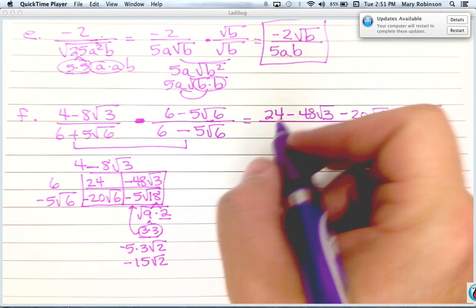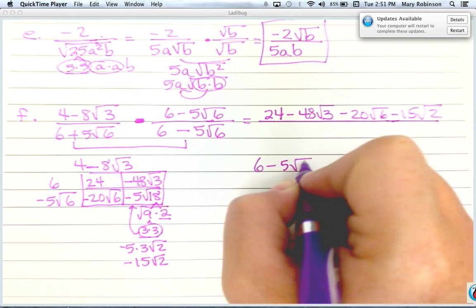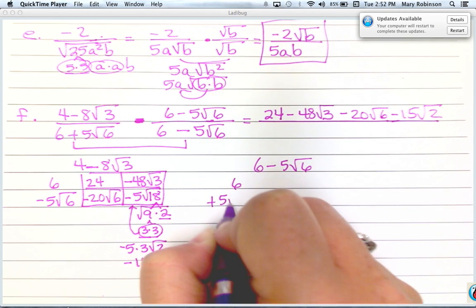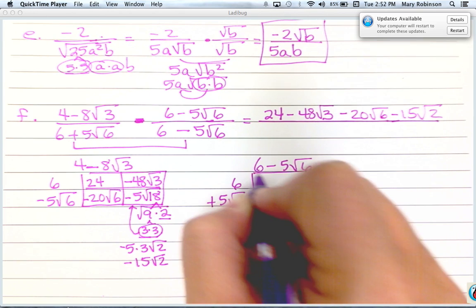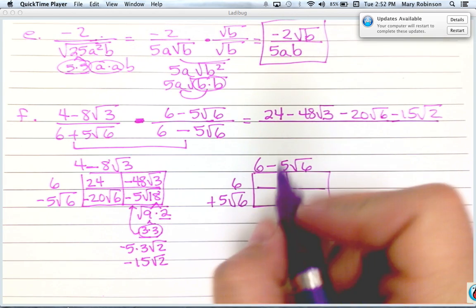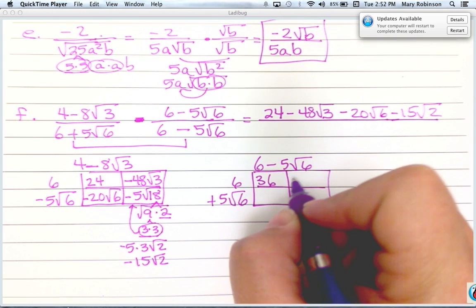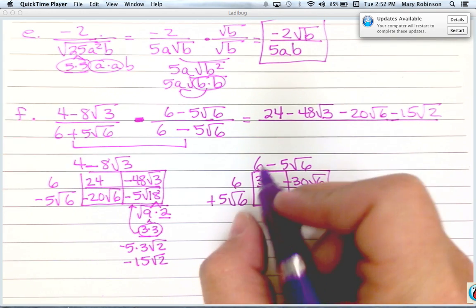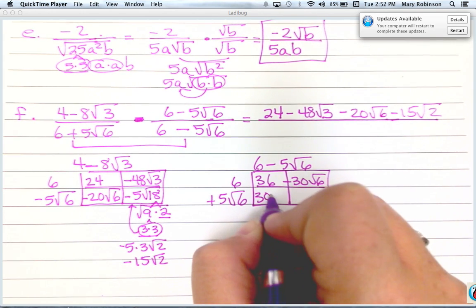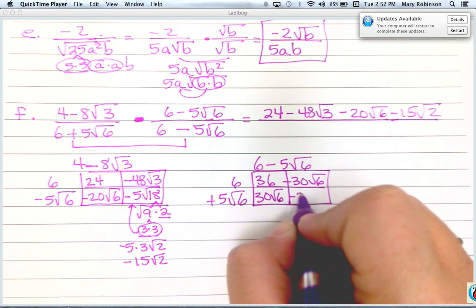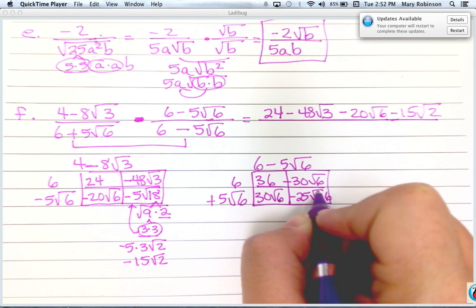Next, if I multiply 6 minus 5 square roots of 6 by 6 plus 5 square roots of 6, again using my box, 6 times 6 is 36, minus 30 square root of 6, but this time we get positive 30 square root of 6, and then minus 25 square root of 36.